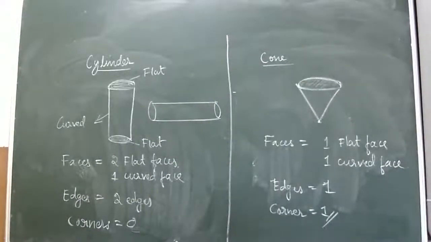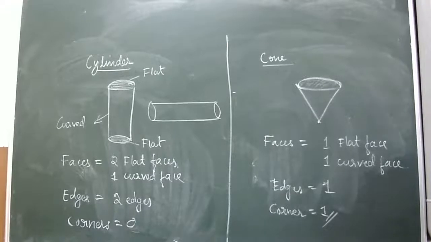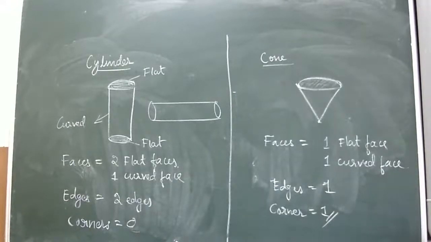So sphere, all of you can go through your textbook. Sphere, does it have any face? No. Does it have any corner? No. Does it have any edge? No. So zero corner, zero edge, and one curved face will be there.